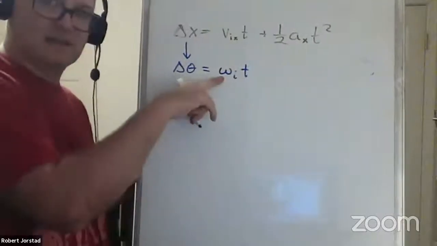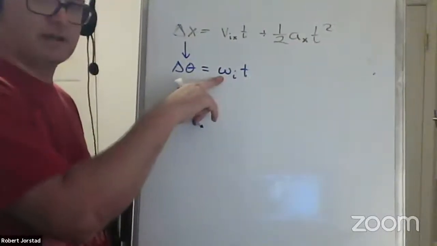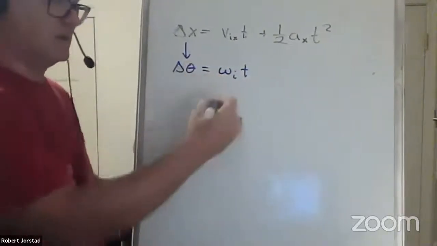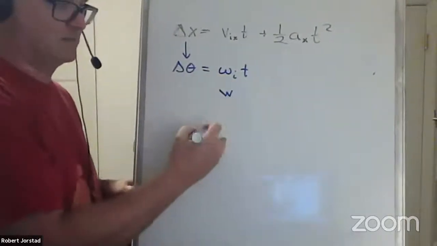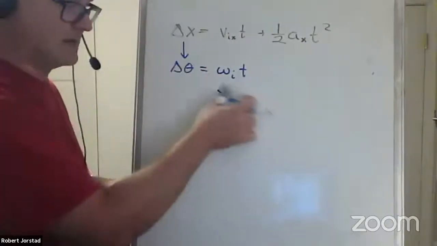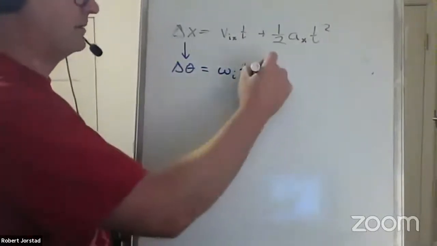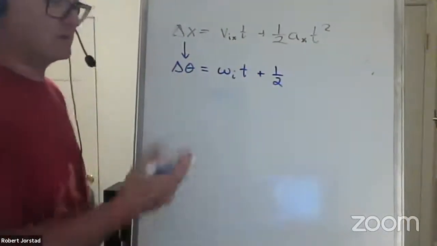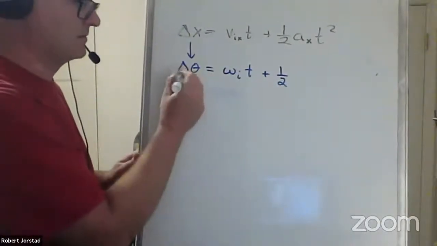And this is omega, not W. You can call it W and I'll be like, no, it's omega. Get used to it. You're going to screw up and call it W. W is pointy. Omega is curvy. That's how you can tell the difference. All right. What should I use instead of A if I'm doing rotational variables?